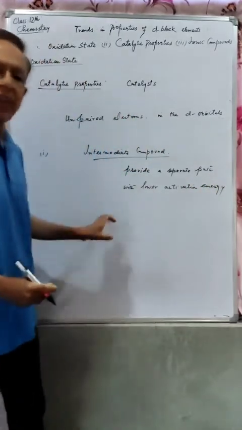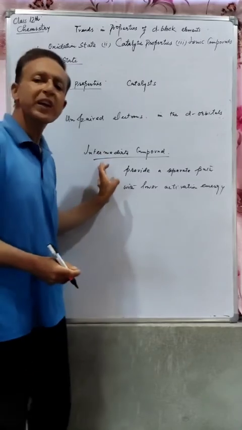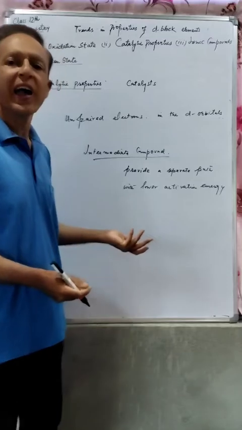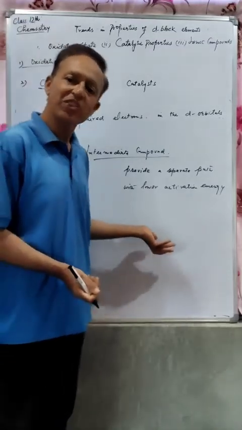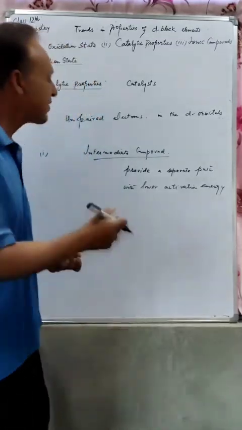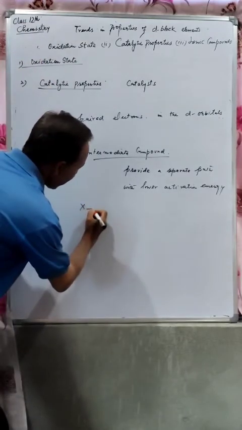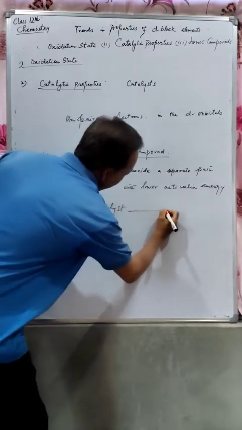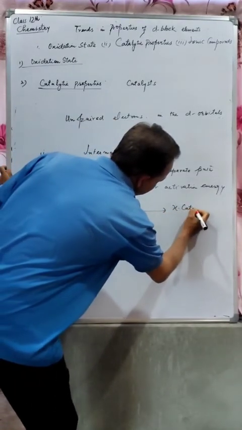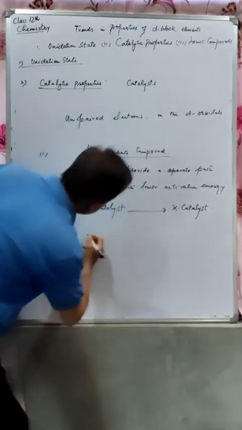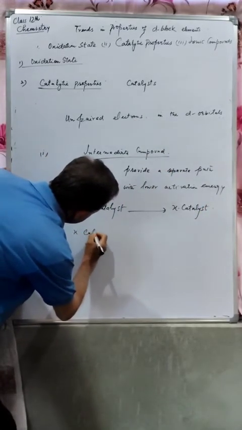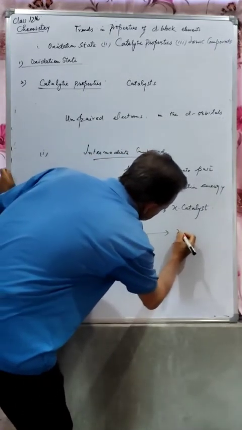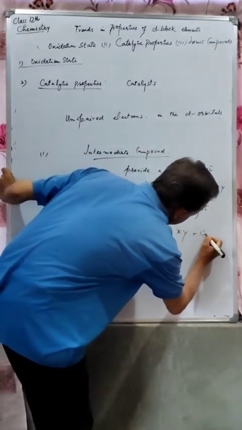Then this intermediate compound gets decomposed when it reacts with the second reactant and regenerates the catalyst. For example, X plus catalyst forms X catalyst. This X catalyst with Y forms XY plus catalyst.